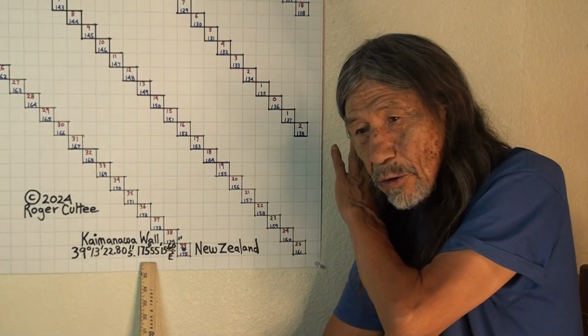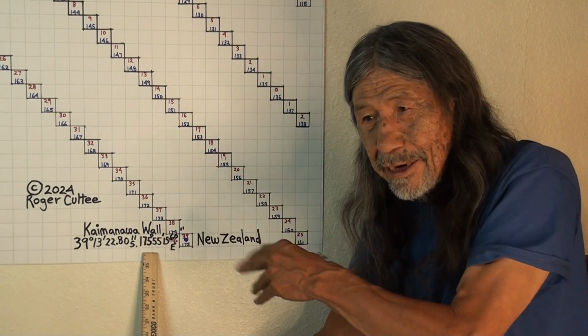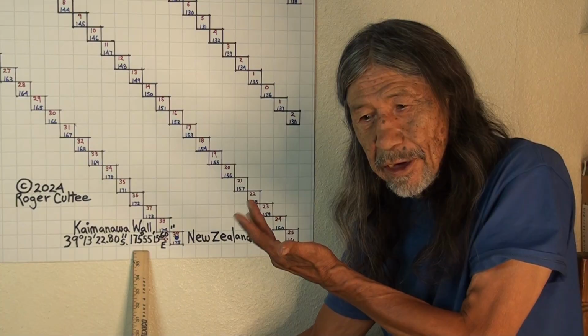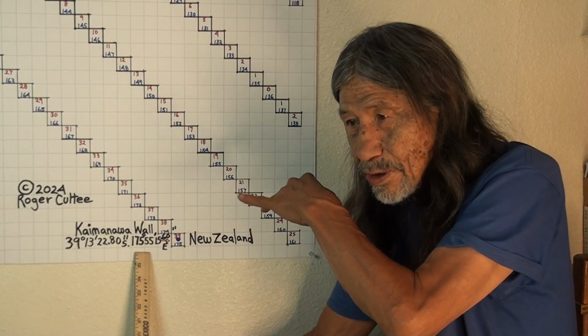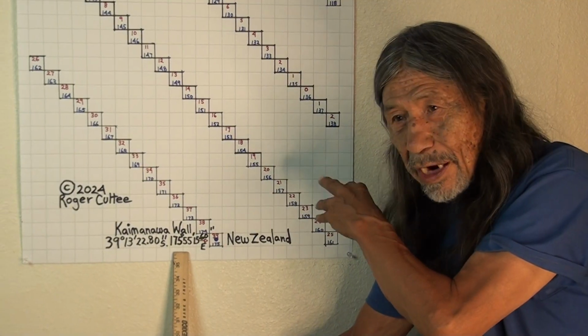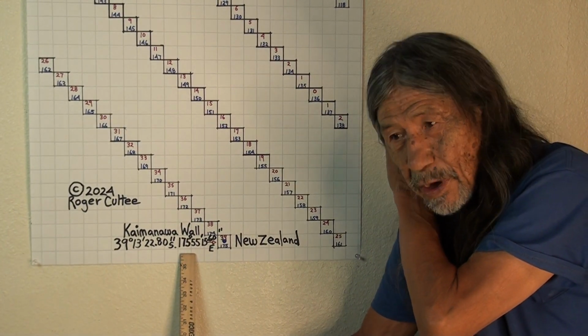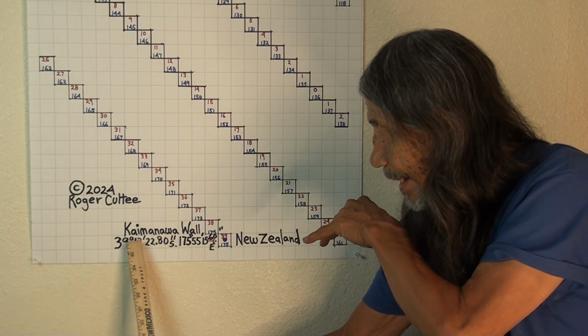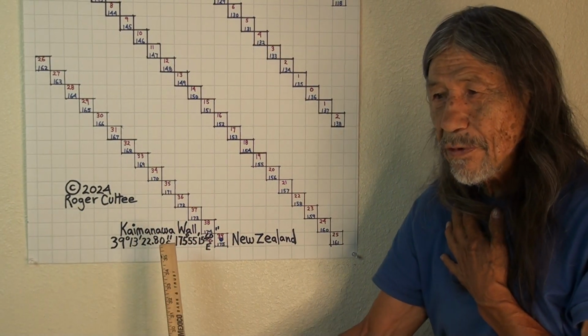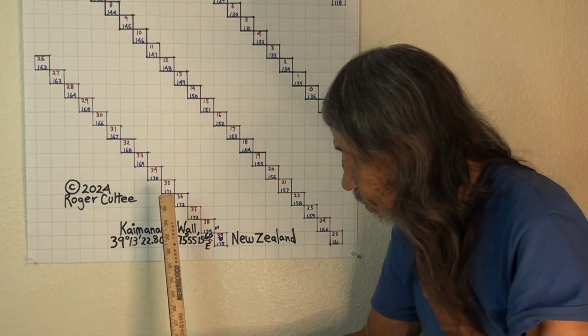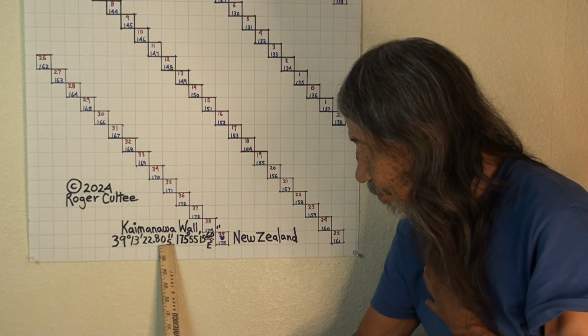We have routes that go all the way to Papua New Guinea, routes that go to Australia. I have a route that goes from my own beach down to Tasmania. But anyway, that's a whole other subject. Right now I'm talking about the route that's going from New Zealand, from the Kaimanawa Wall. Going to settle it once and for all, and what it was really utilized for and what it was doing.